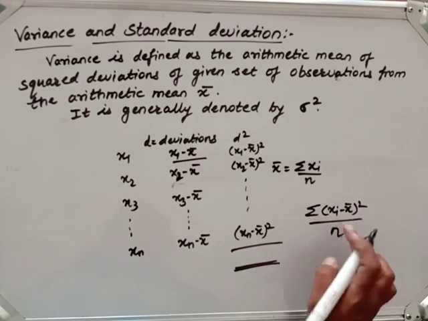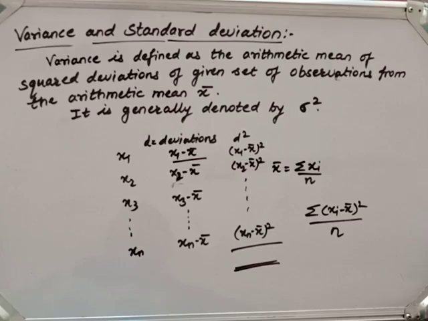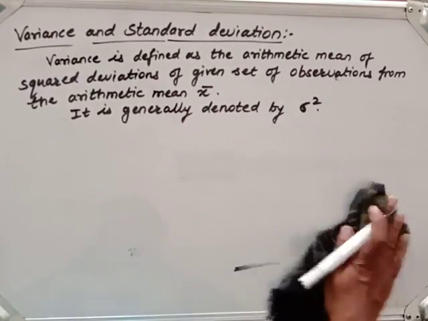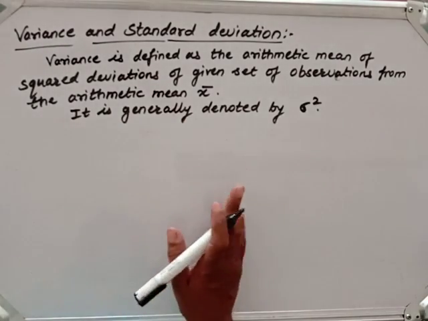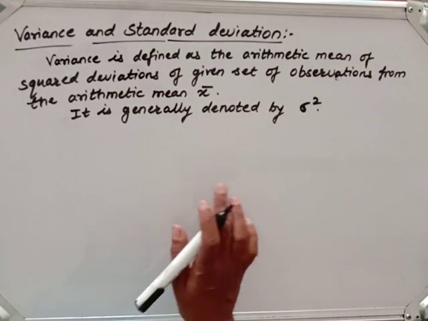That is the definition, and it is denoted by sigma square. I have explained this for individual series distribution. Similarly, for discrete frequency distribution and grouped frequency distribution the formulas are different.